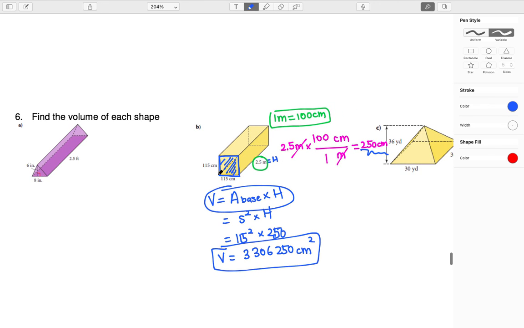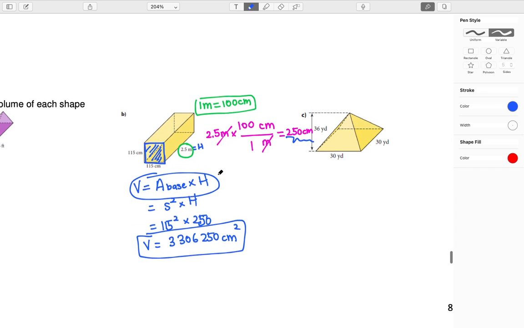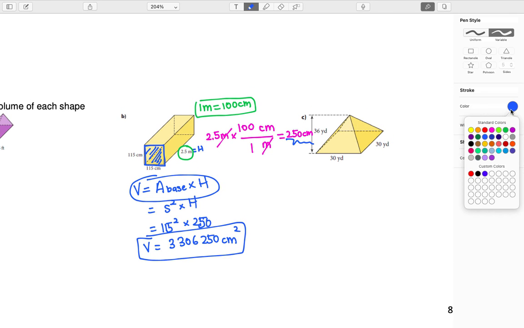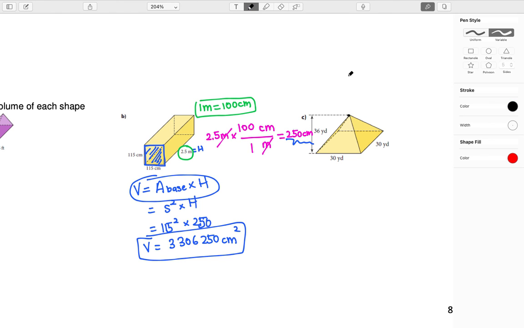Now what about letter C? This time you're given a pyramid. It's pointy at the top, right? So look at your formula sheet for the pyramid, and keep in mind what's interesting about it: pyramid volume is always the volume of the prism divided by 3.